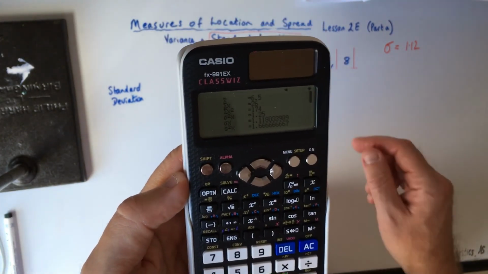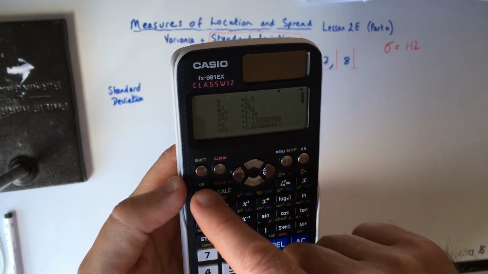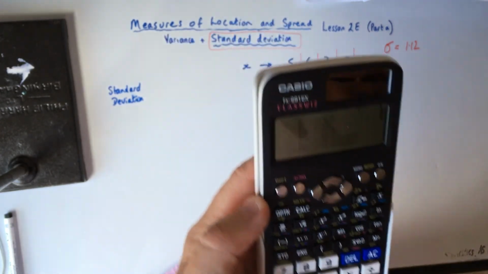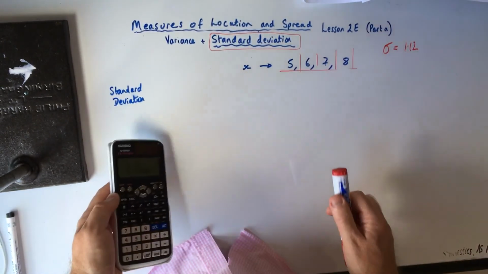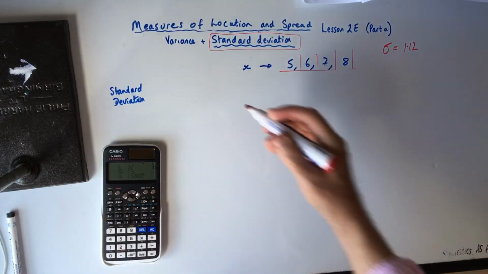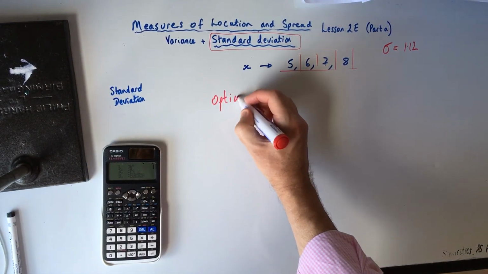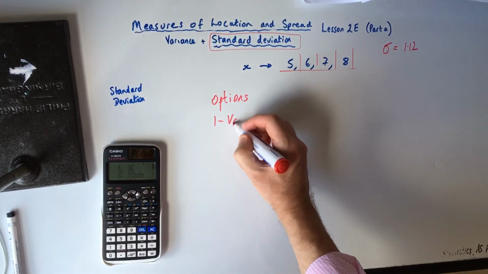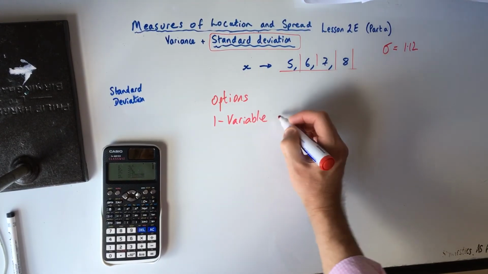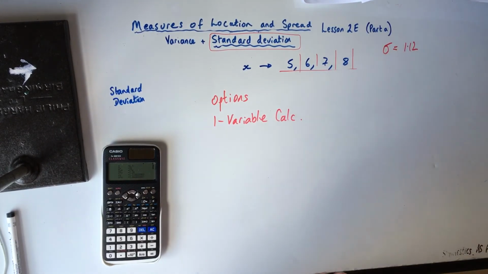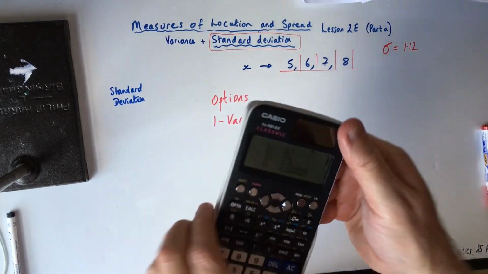So press options, and then you press the one variable calculation. That's the one you want. You press the number and it just goes to it, and there you go.